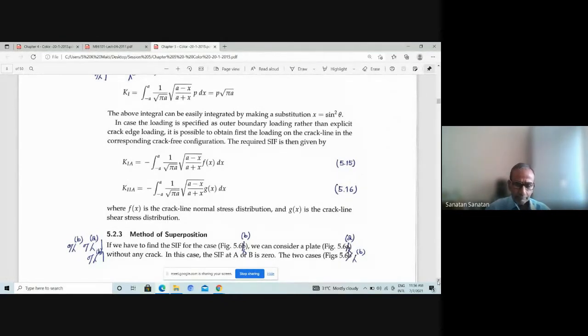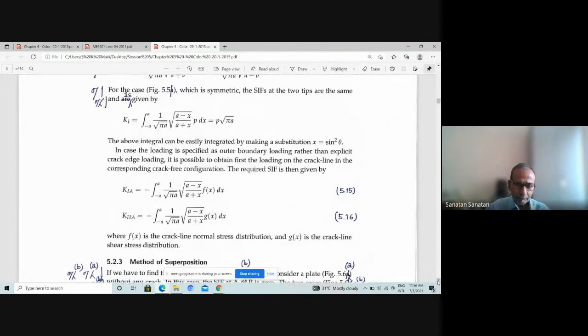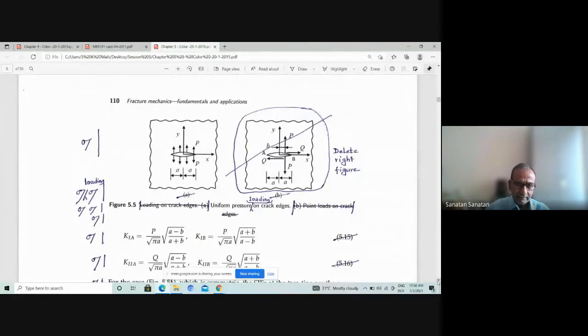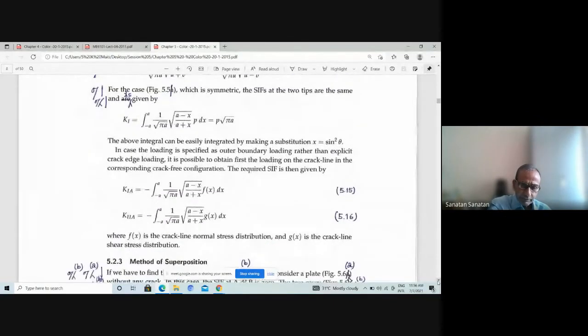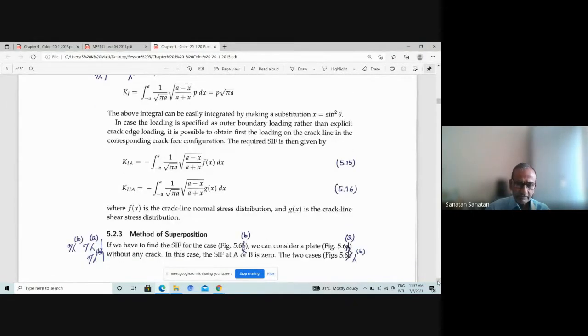Suppose rather than pressure loading P, your loading is given as a function P(x) distributed over the crack edges. Then the stress intensity factor at tip A is given by this, and at tip B by this. I'm sorry, this is mode 1 loading and this is mode 2 loading. So if f(x) and g(x) are the loading functions on the crack faces, you get the result by integration. This is the method.